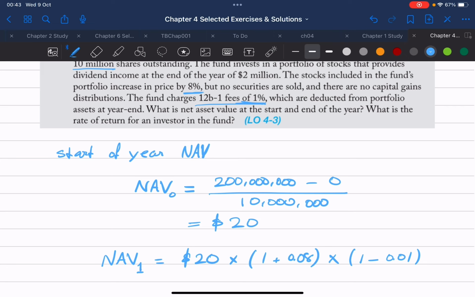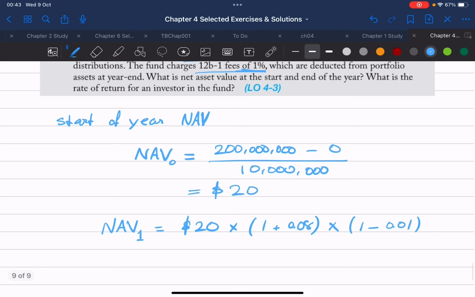All right, this simple calculation would show us what net asset value at the end of the year will be. So $20 multiplied by 1.08, that will be $21.60.